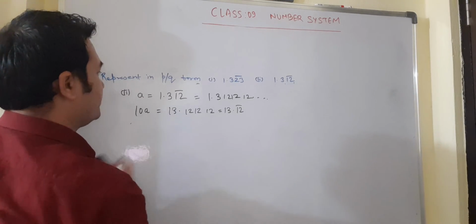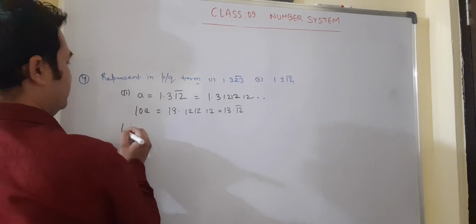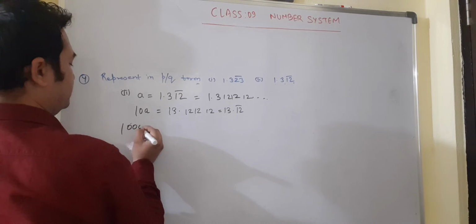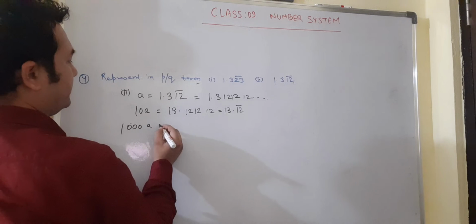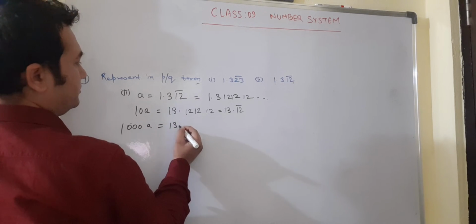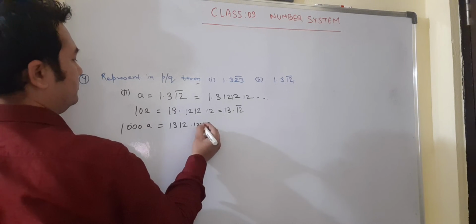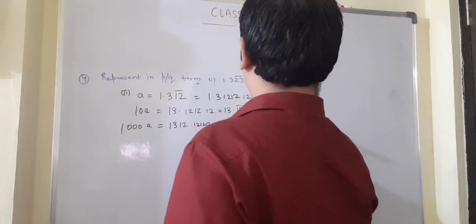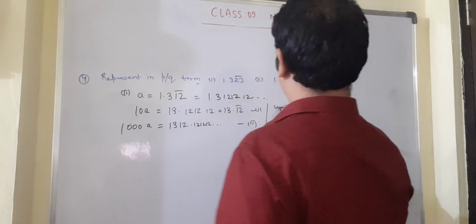Now this question will be easier for you. Now what we do? For 2 digits, 2 zeros. 10 it was already, and multiply by 100 it becomes 1000. 1000A equals to 1312.121212 and so on. So taking equation 1 and taking equation 2, now 2 minus 1.